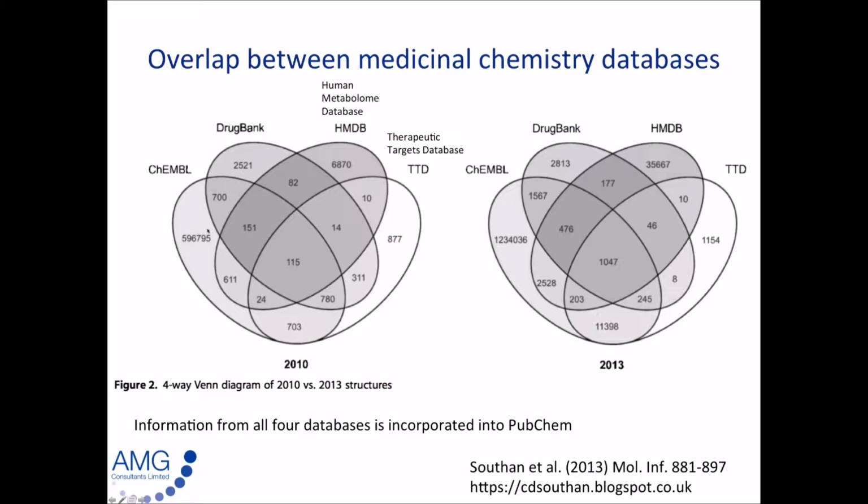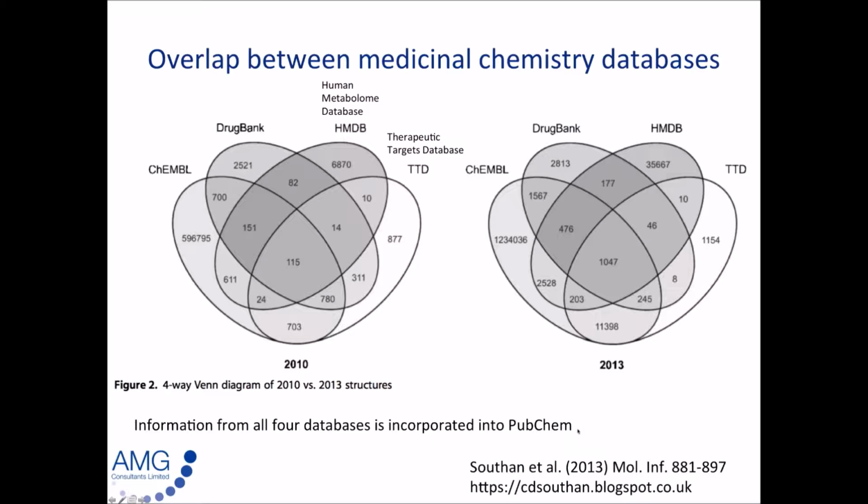So you can see in 2010 there were some 600,000 compounds in ChEMBL, but between 2010 and 2013 this number roughly doubled. But in actual fact the number of records that overlap for all four databases was relatively small. It was 115 and it's now gone up to just over 1,000.